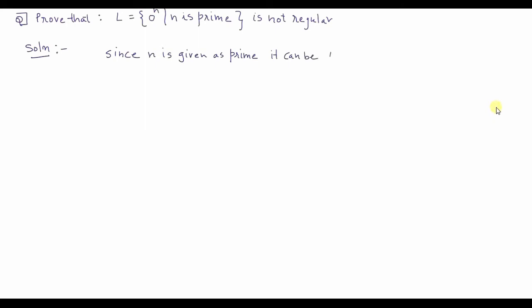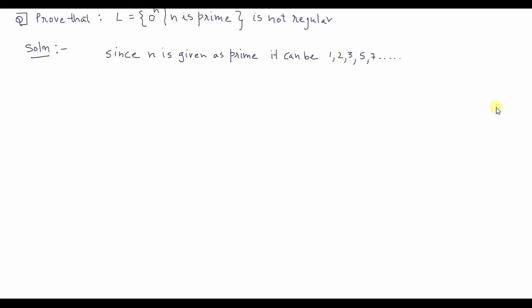Say 2 is prime, 3 is prime, 5 is prime, 7 is prime, and so on. What's a prime number? A prime number is a number that is divisible by itself and 1, and not by any other number. That's very important. So these are the prime numbers.